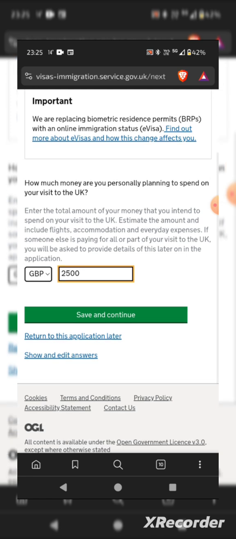Also, if you are sponsoring your trip alone, the requirements are different, right? This 2,500 needs to be at least half of your yearly salary.